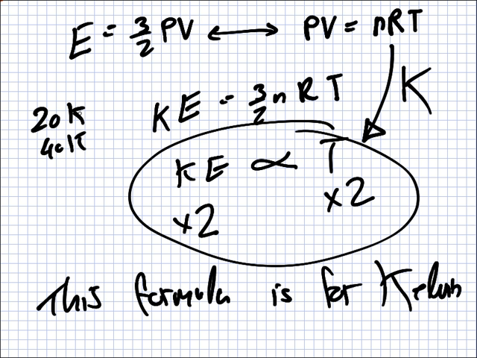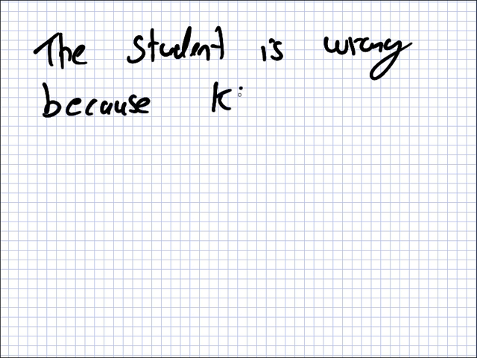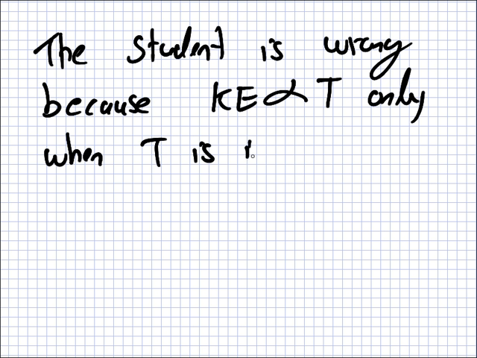Okay. Now hang on, let me write it down a little neater for you. So the student is wrong because KE is proportional to T only when T is in Kelvin.